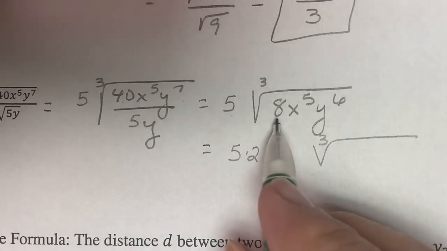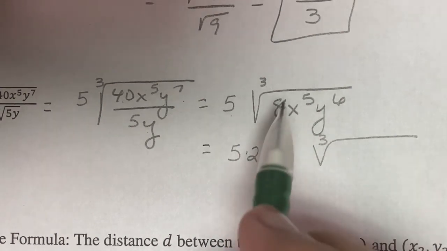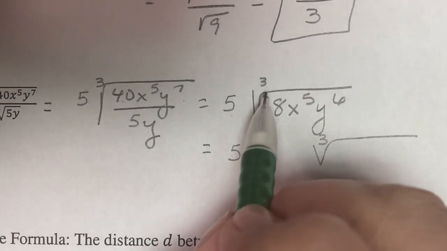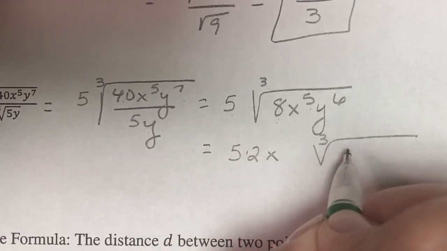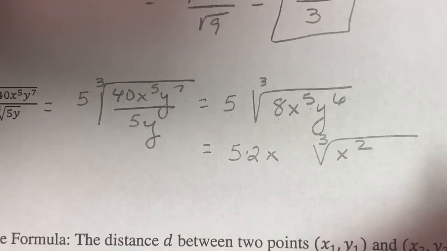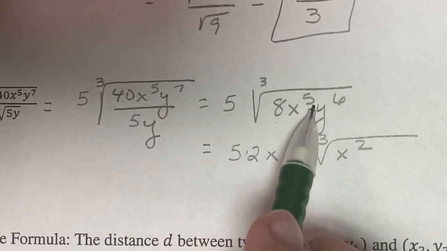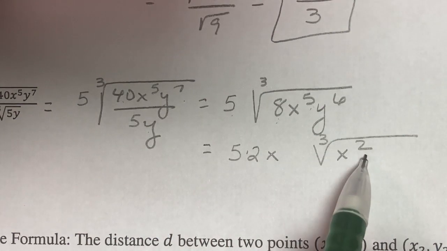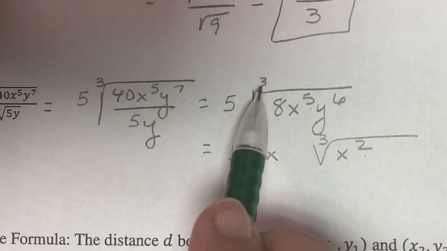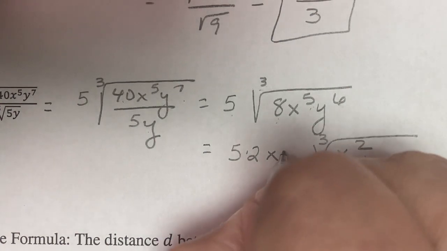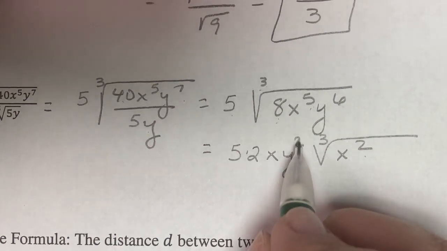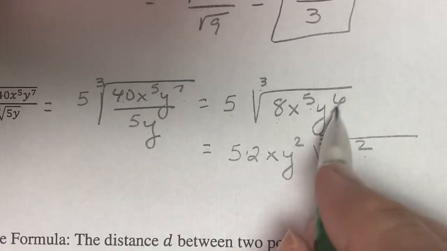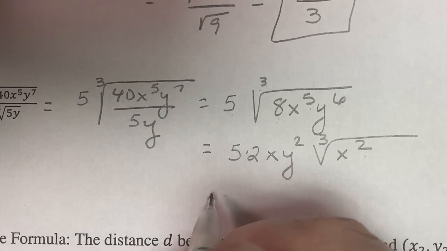Nothing left underneath because it's a perfect cube. 3 goes into 5 once, so 1 x is going to come out with 2 left underneath, because 3 divides into 5 once with 2 left over. 3 goes into 6 twice with none left over, so that means a y squared is going to come out. y to the 6th is a perfect cube.